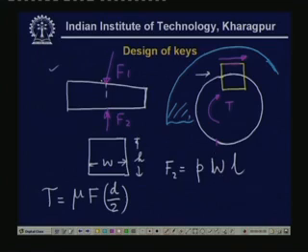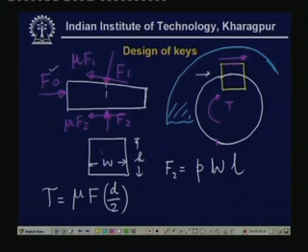Now, how does F1 develop? We will have to insert this key, therefore we need to apply some force from here. Let us say we apply F0 here, then there will be stress developed, and there will be friction force. Now, it acts like a wedge. So there will be friction force, mu times F1, and this will be again mu times F2 on this side.